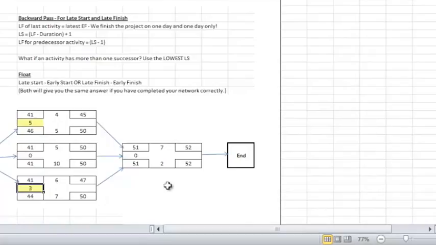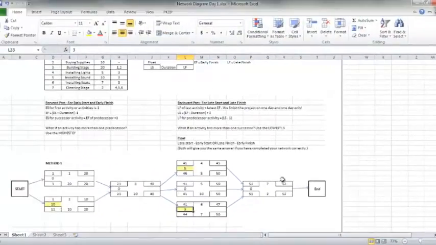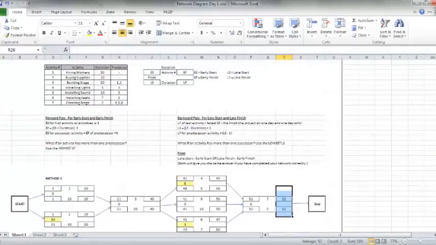Now the last activity has no float, and that makes sense as well. If it's the very last thing that happens and it's the only item that happens at the end, it can't have float. It needs to finish in order for us to finish up on day 52. So that's our forward pass, our backward pass, our floats, our critical path, and that's our day 1 approach.